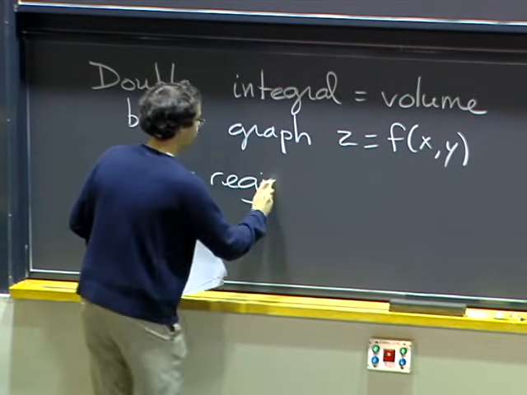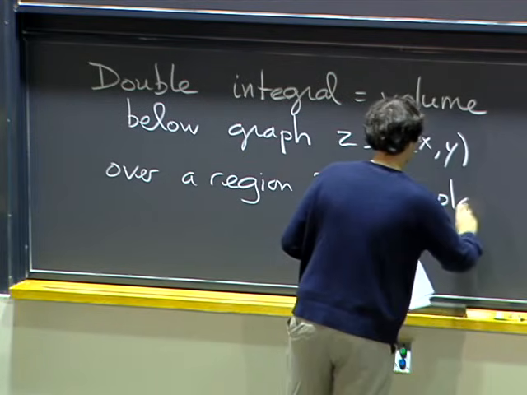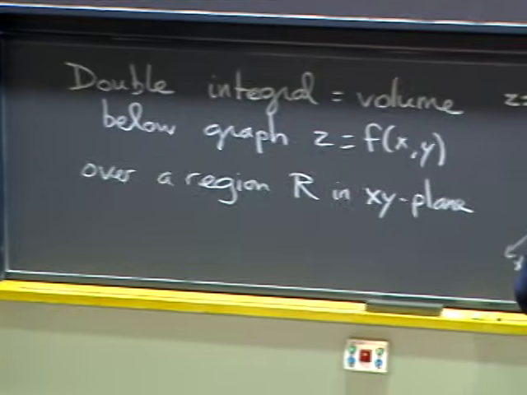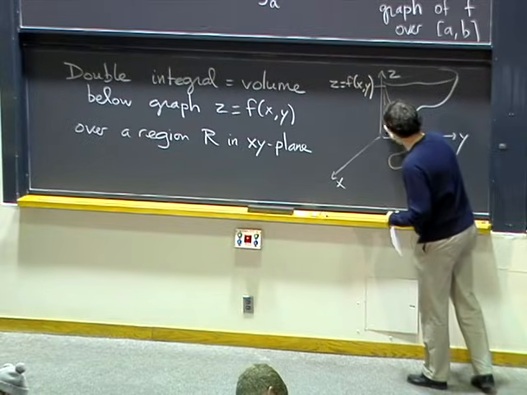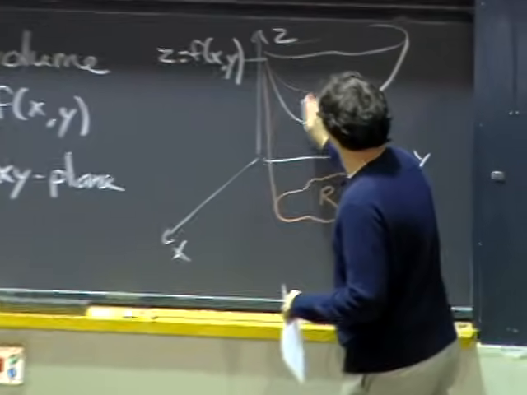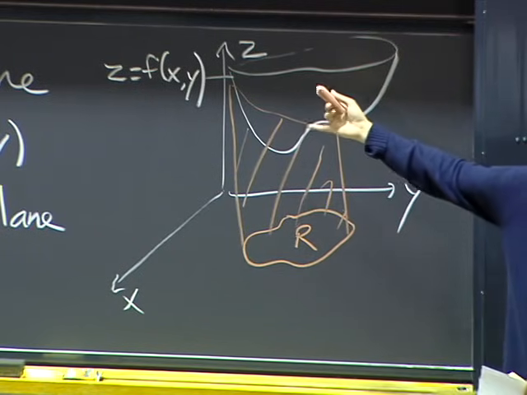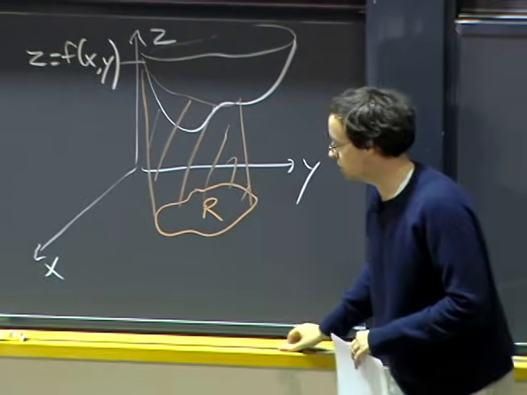So it's over a region R in the xy plane. I have this region R, and I look at the piece of the graph that is above this region, and we'll try to compute the volume of this solid here. That's what the double integral will measure.